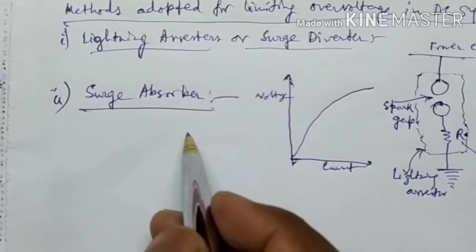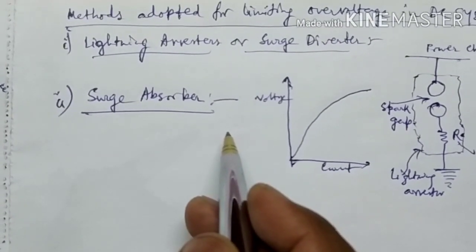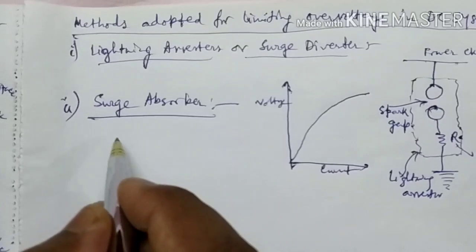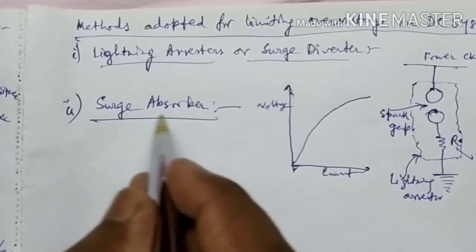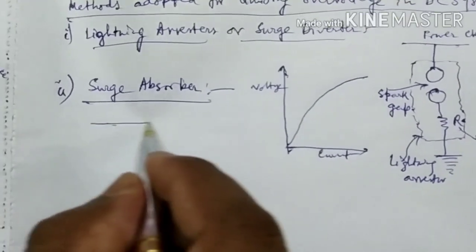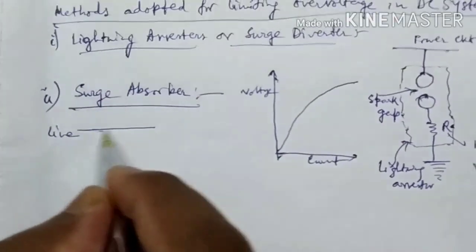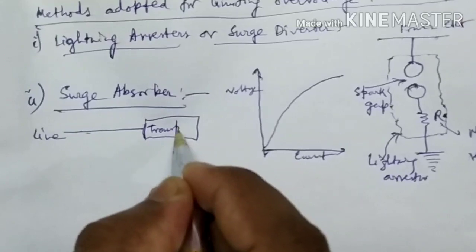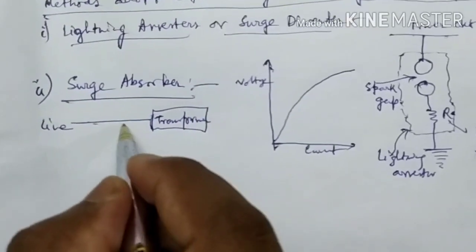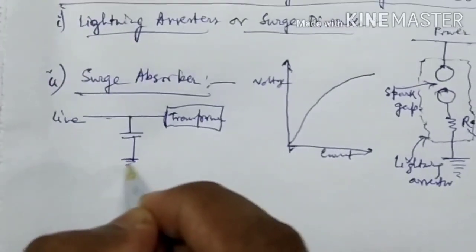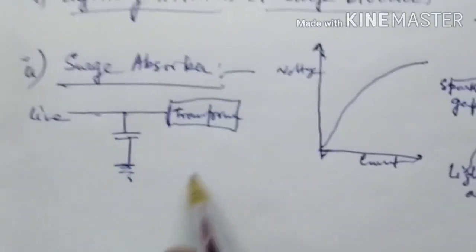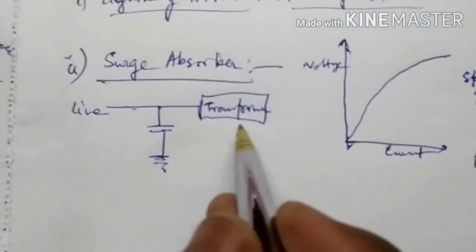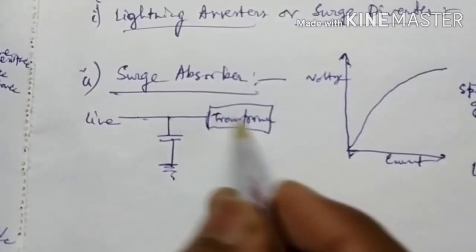A few cases of surge absorption are discussed, starting with case 1. Case 1 means this is a line and this is a transformer, with a capacitor connected between the line and earth.